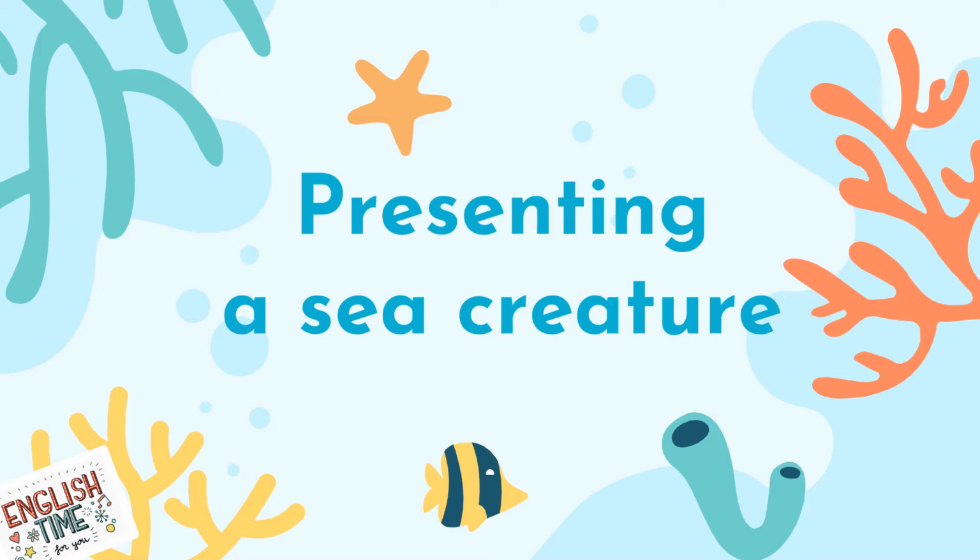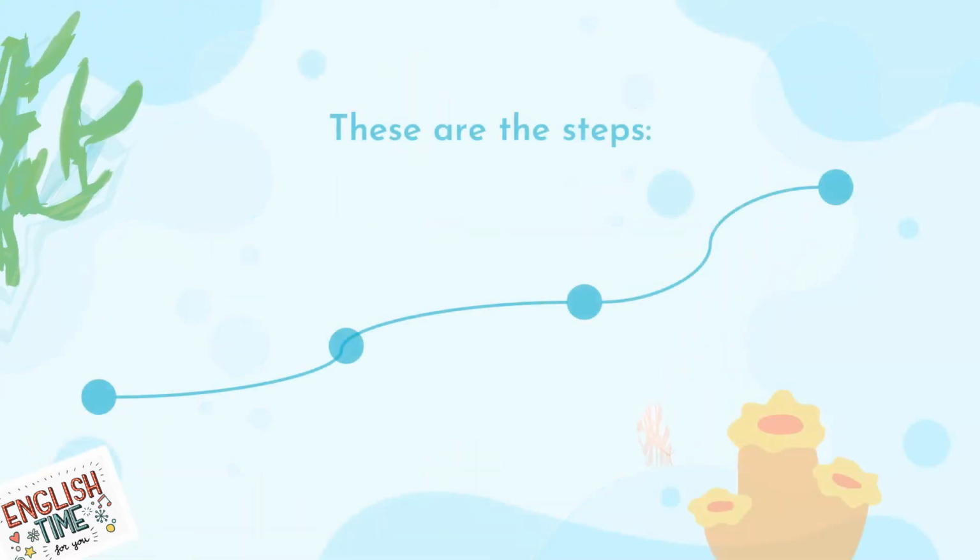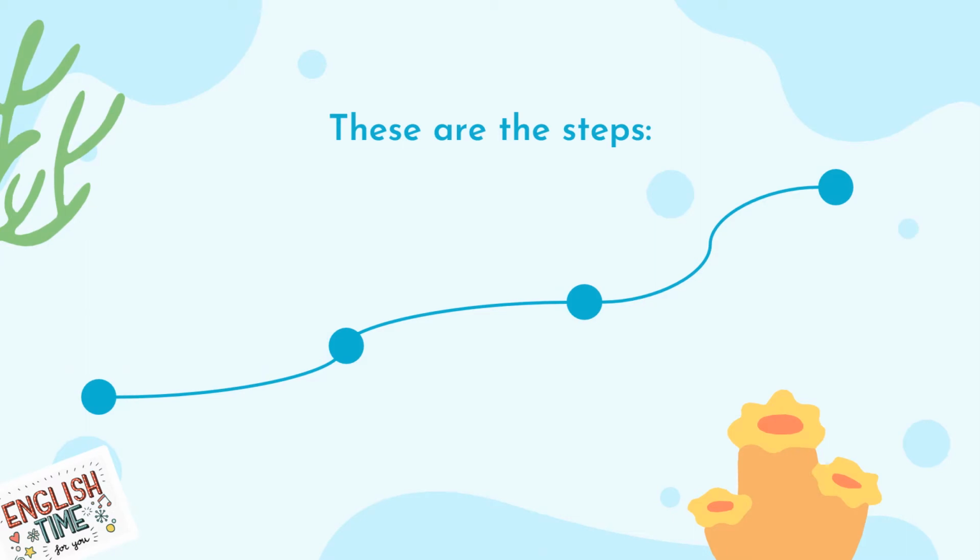Today, we are going to make a preparation for your big event, which is presenting a sea creature. Okay, guys? Okay, what are the steps to be taken? The first step is choose a sea creature that you want to present.